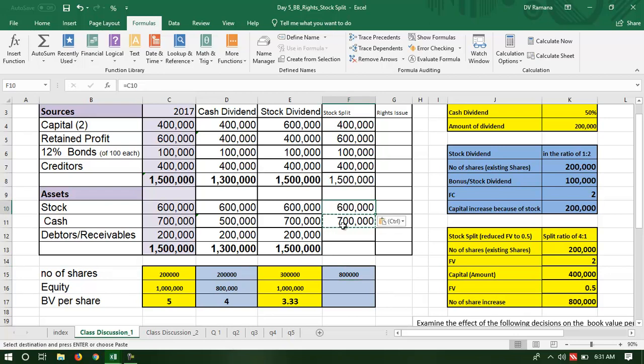So the impact of the stock split on the balance sheet is the number of shares change, except that there is no other change.